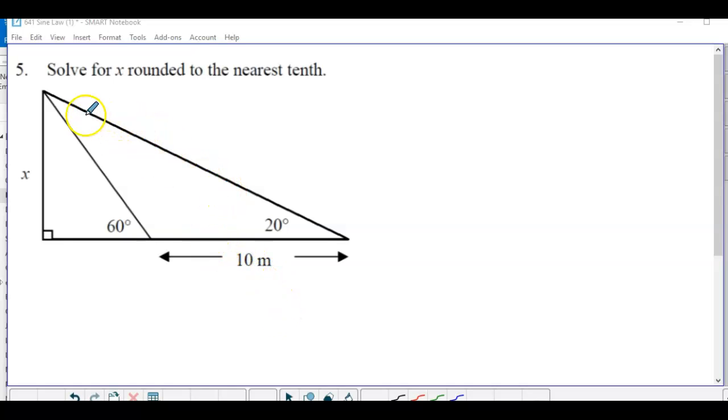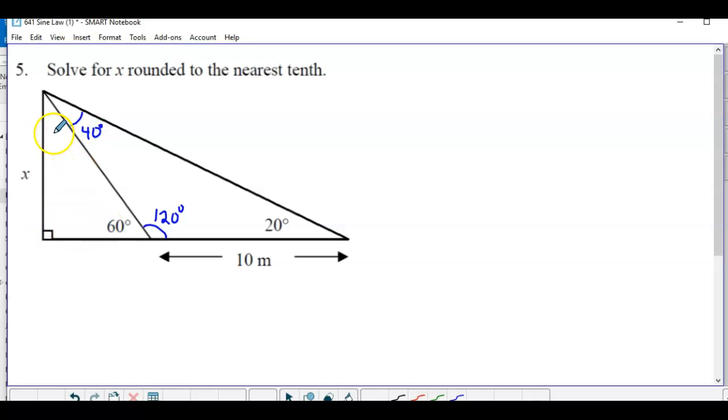So looking at this oblique triangle here, we only have 1 angle, but the good news is this is a straight line. So we can calculate this angle. That'll be 180 minus 60 is 120. Okay, so then this angle in here will be 180 minus 120 minus 20. So that's going to be 40.